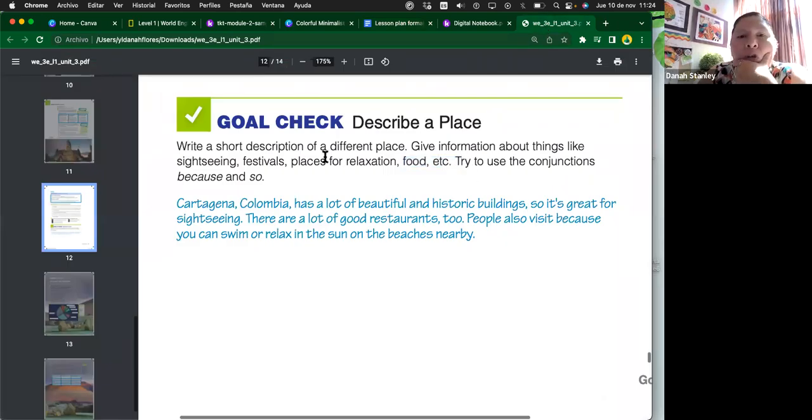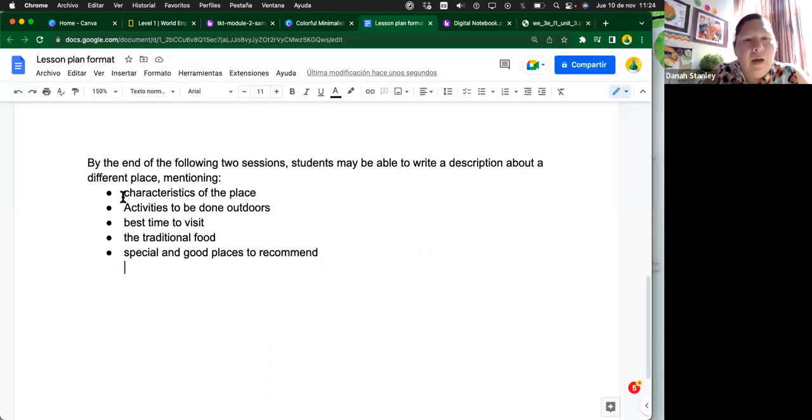Try to use conjunctions because and so. Ajá, entonces, students may be able to write a description about a different place mentioning. Ajá. They need to use the conjunctions.